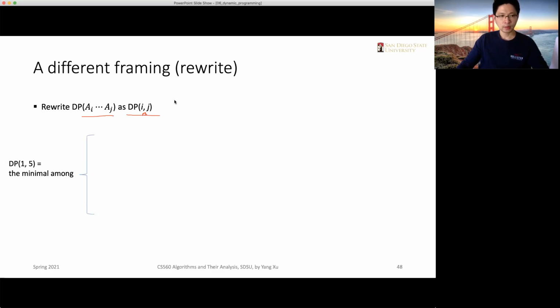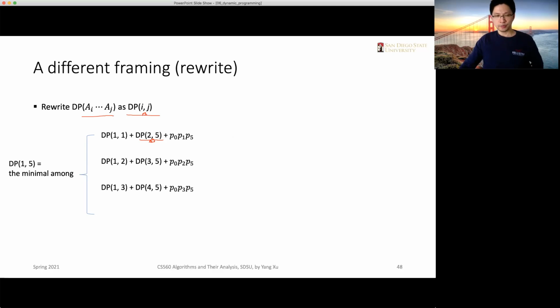So dp of 1 and 5 involves dp of 2 and 5 here, because that is from A2 to A5. And all the other 3 cases can also be written in a much simpler form.